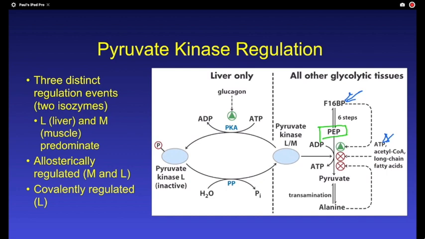Now these are a little bit more challenging because you may or may not know how metabolism works. We're talking about mainly the muscle. The first line of energy in the muscle is glucose.